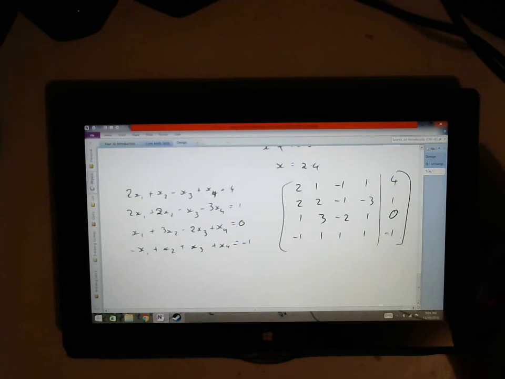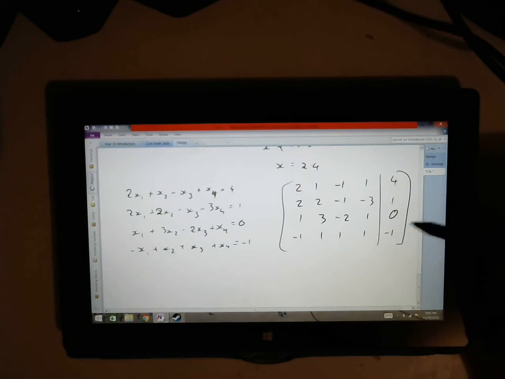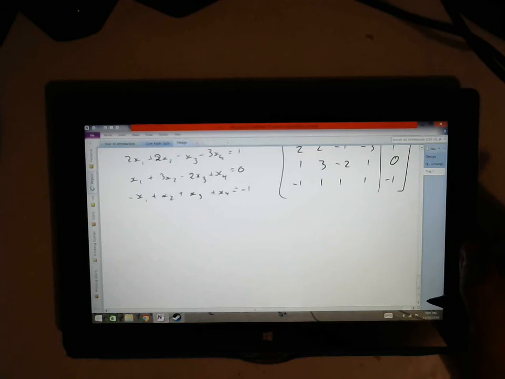And I'm going to do the exact same thing as before. First thing I'm going to do, I'm going to rotate R3 up into R1 so that I've got a 1 leading at the very start.